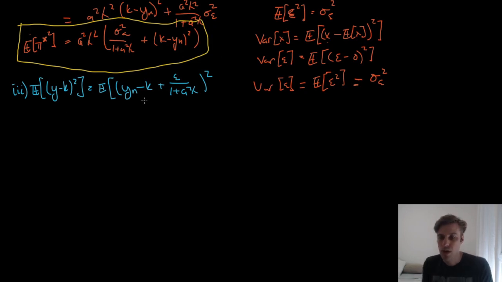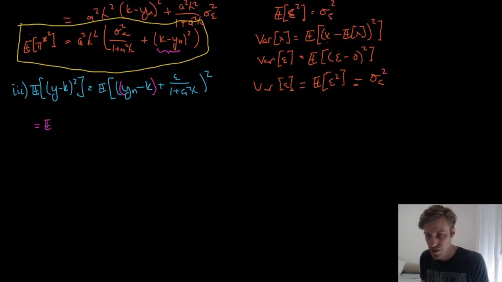Now I'm going to do this square, and when I do it, I'm going to draw some new parentheses. I'm going to, in my mind or on my paper as I like, add a parentheses here. And I'm going to do that because I see this term, k minus yn here, and so I think maybe it's nice to keep all the k minus yn together, and something magical will happen at the end. Or at least maybe it'll be convenient. So I'm going to do the distribution.